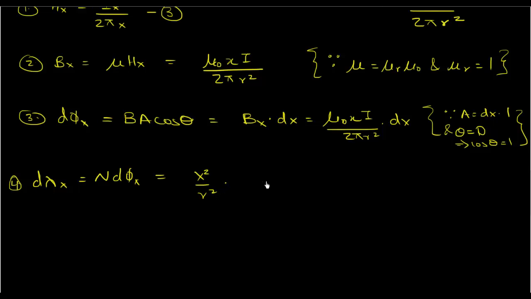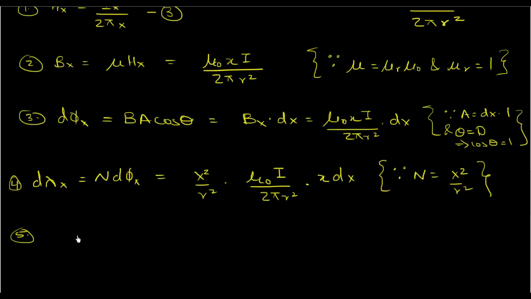We've seen that up in our key points discussion, times d phi x is this equation right here. So we can write that as mu naught I over 2 pi r square. I'm just going to bring the x term out here, so it becomes x dx, and I'll write here because n is equal to x square over r square.